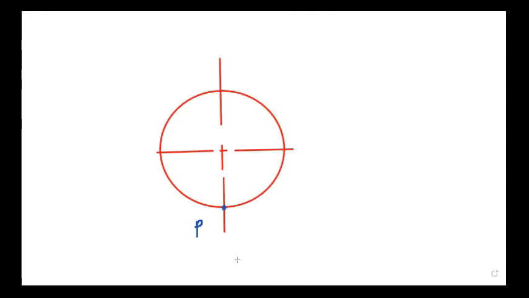Now at this point, we draw a horizontal line of dimension pi into d. Dimension pi into d. Clear?